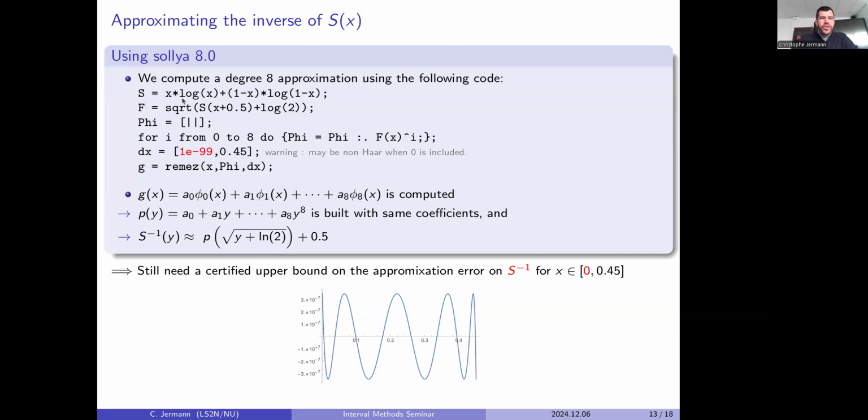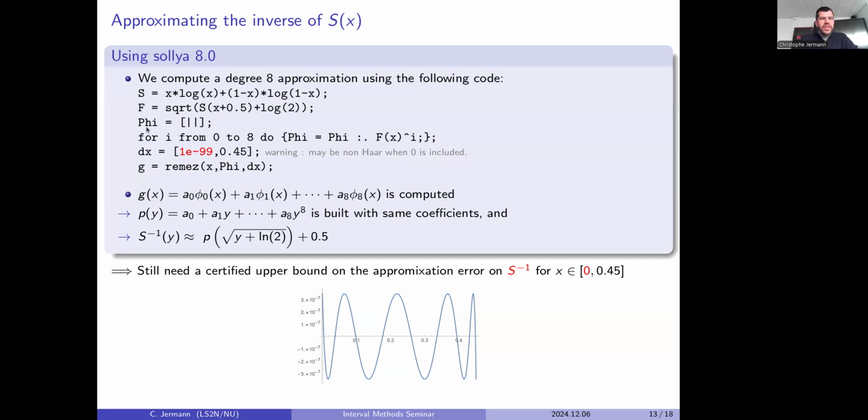We define our function, the function S in our case for the application. We define its adaptation, as I introduced in the beginning, so the square root of f of s of x plus 0.5 plus the log 2. So we shift the value and apply a square root on it.